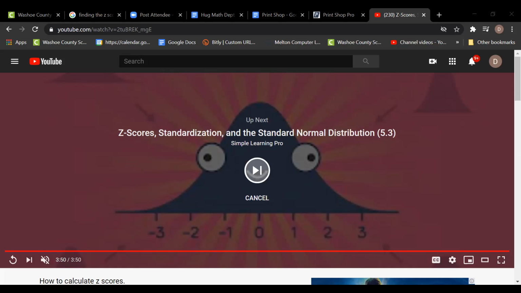Now, obviously, Einstein's IQ is above the standard deviation of everyone else's, but how many standard deviations is that? So let's take a look at this.